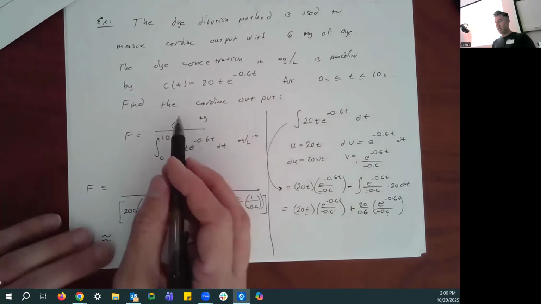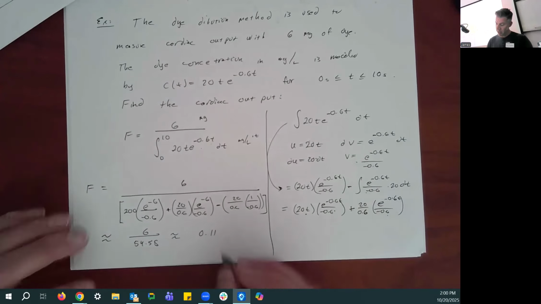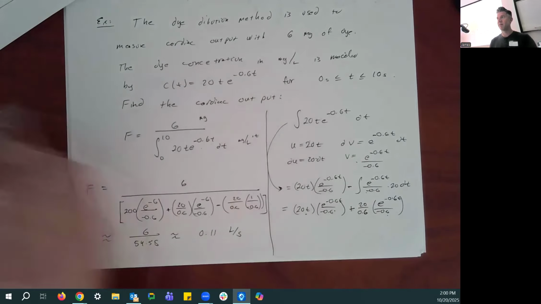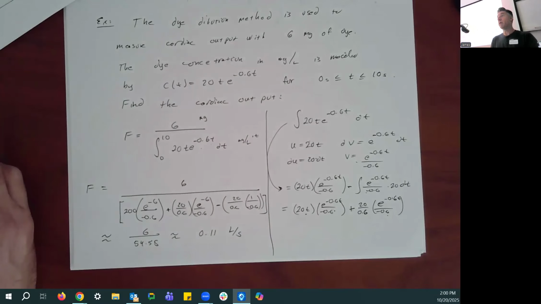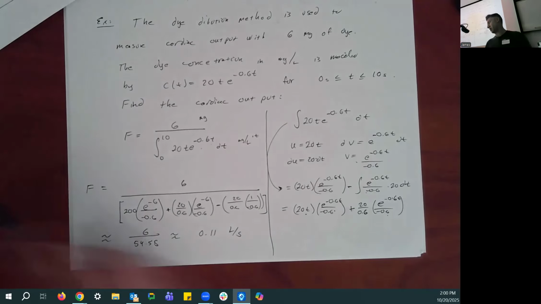The milligrams end up canceling. You end up getting liters per time. And our time was seconds. So we get liters per second. Which makes sense, right? If you're talking about blood flow, it should be some volume per unit of time. So it is not a bad idea to check that the units make some amount of sense after that. All right, next time we'll start talking about volume.